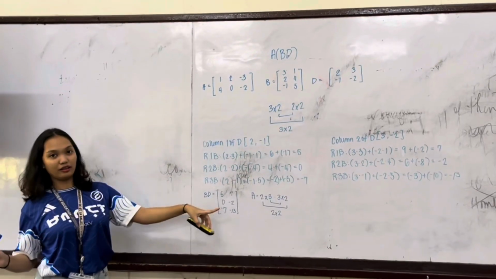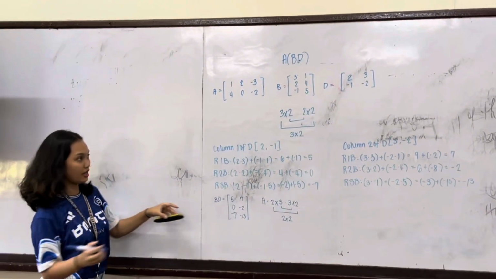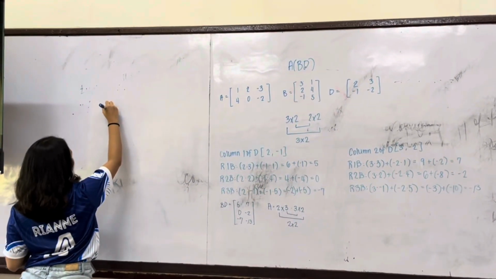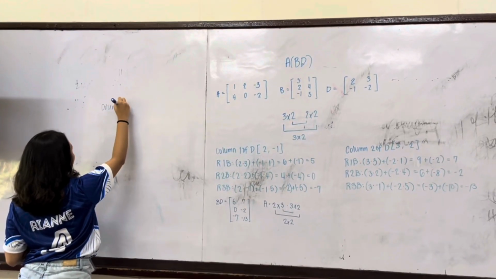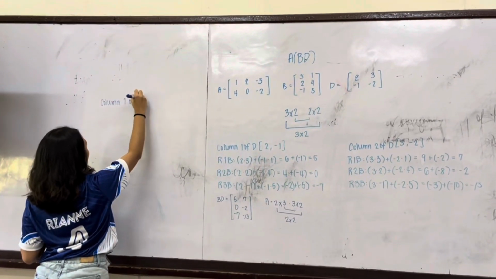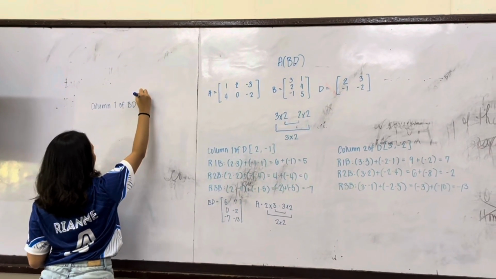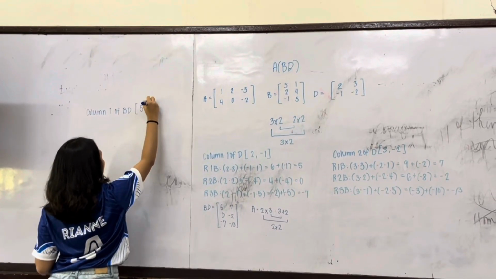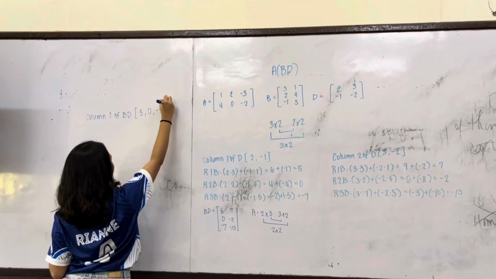Now that we know we can multiply matrix BD and matrix A, we're going to write column 1 of BD, which has the values of 5, 0, and negative 7.